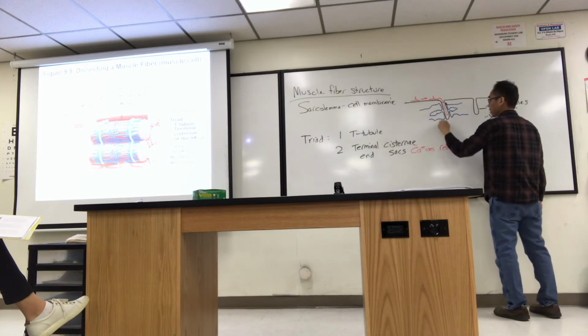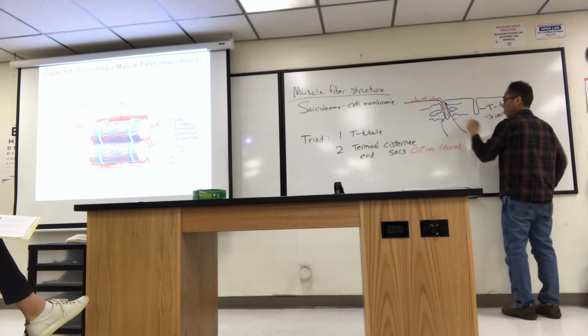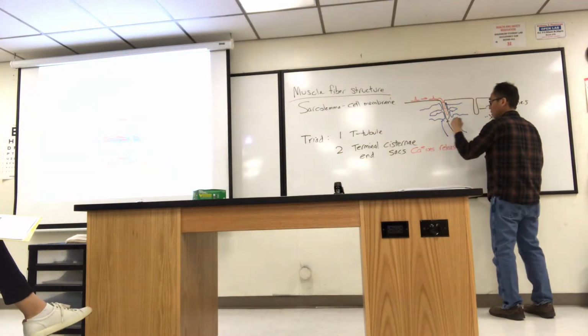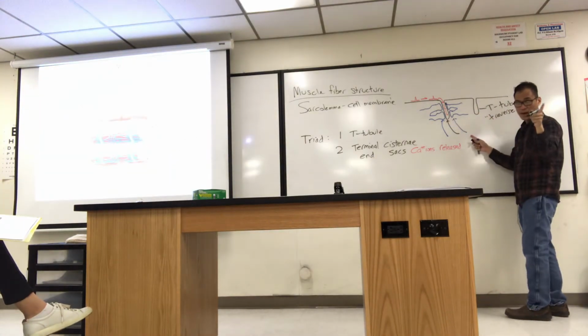So end sac, end sac, T-tubule in the middle. So those three things are the triad.